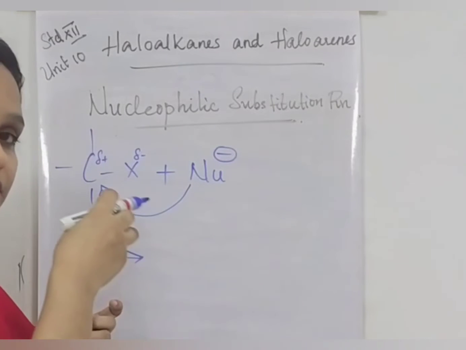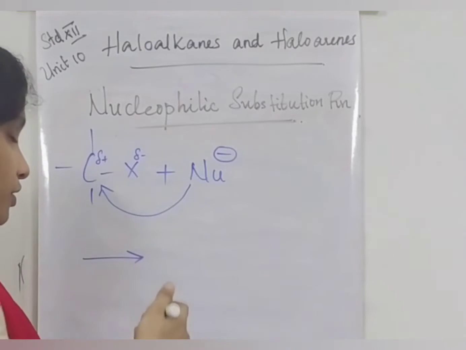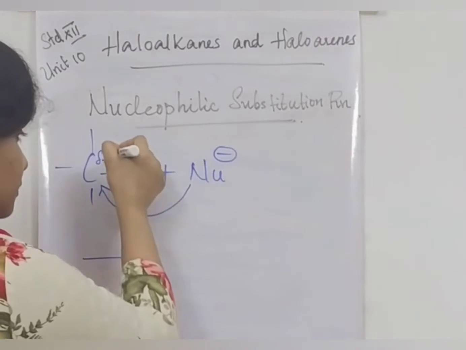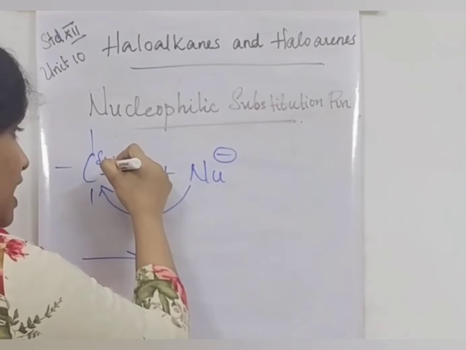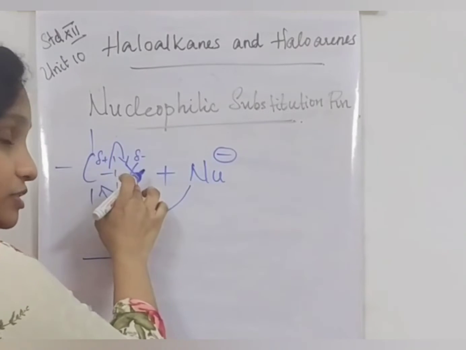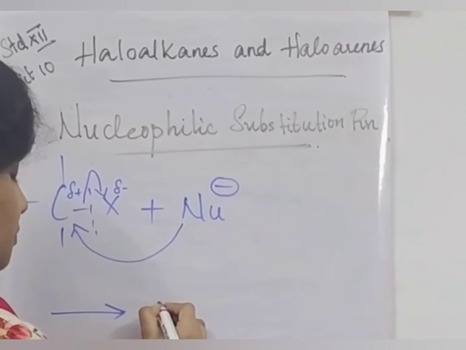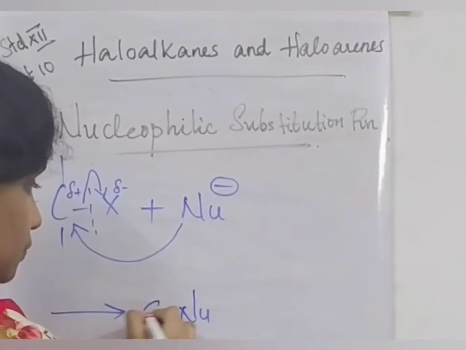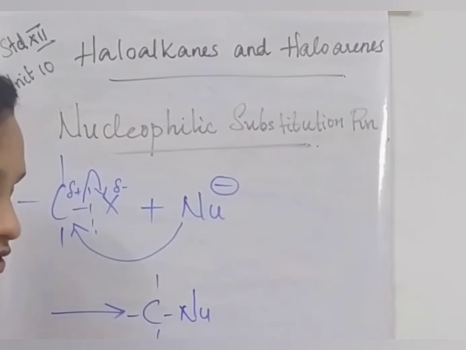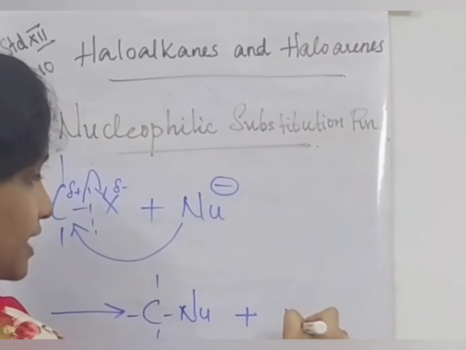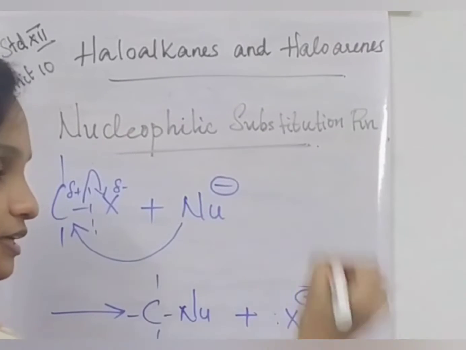When the new bond forms, the C-X bond breaks, and X gets the shared pair of electrons and is displaced along with it. So the new bond formed is between carbon and the nucleophile, plus X is displaced along with its electron pair.